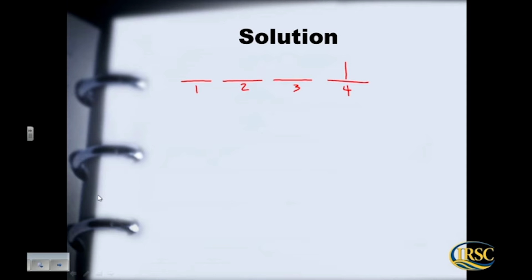Now, how many bands are left after I've made that decision? 3. Does it matter when they perform? No. So how many choices do I have for them to go first? 3. Okay. After I choose a band to go first, how many are left? 2. So how many choices do I have to go second? 2. After I choose who goes second, how many are left? 1.